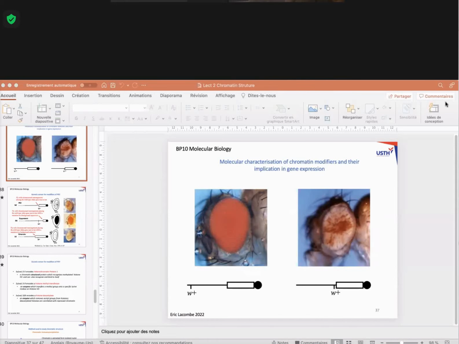I need to stop sharing and reshare. Can you allow other students? Yeah. I've got so many things coming on the screen. Okay. Is it this? Do you see the flies with the red eyes?